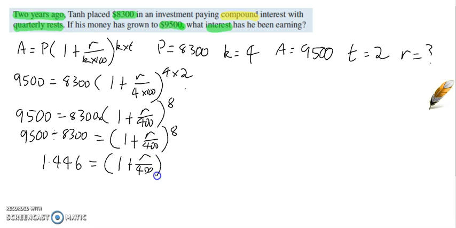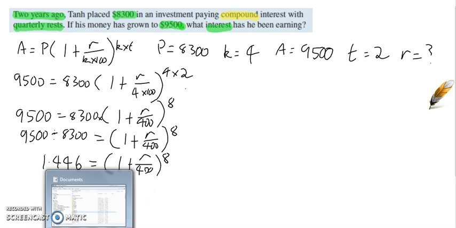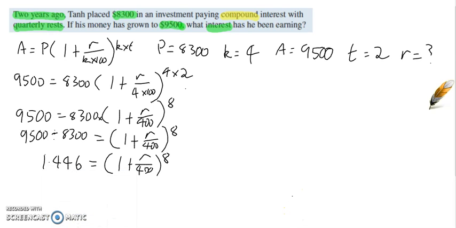This is another case where trying to keep the number in your calculator is a good idea because it can really drastically change your answer at the end. Okay? So when we look at it, we now have to get rid of this 8 up here. Now, it's to the power of 8, so you may never have actually done this before in your calculator.